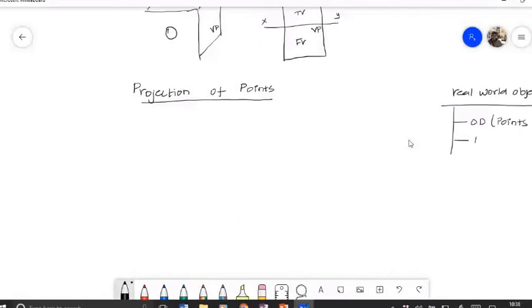Then one-dimensional objects. What is a one-dimensional object? Straight line. Then we'll slowly go to two-dimensional objects, which are nothing but planes. Then finally we'll go to three-dimensional objects, regular solids.